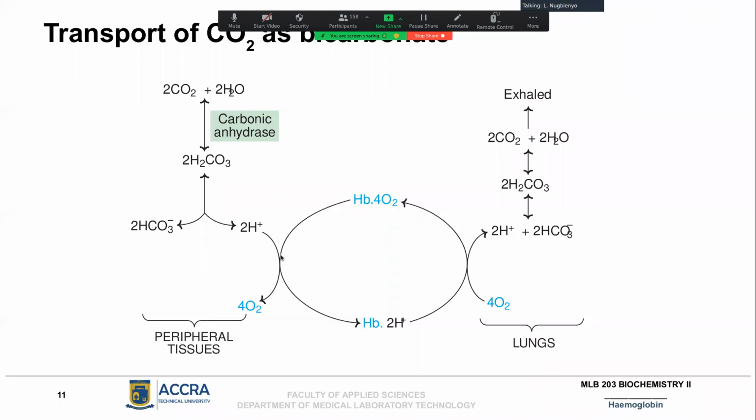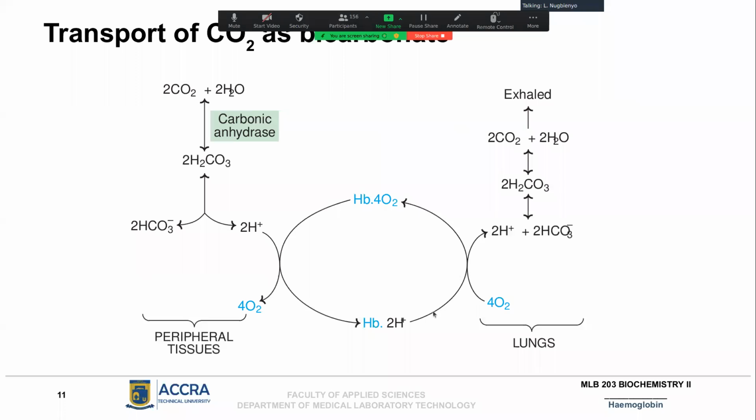And whilst this oxygen is being released to the tissues, you have these hydrogen ions binding to hemoglobin, so that the rest of the carbon dioxide, which is not binding to hemoglobin directly to be carried to the lungs to be exhaled, rather binds to hemoglobin as protons or hydrogen ions. So you have this bicarbonate ion moving freely in plasma, whilst you have these hydrogen ions or protons binding to hemoglobin to be carried to the lungs.